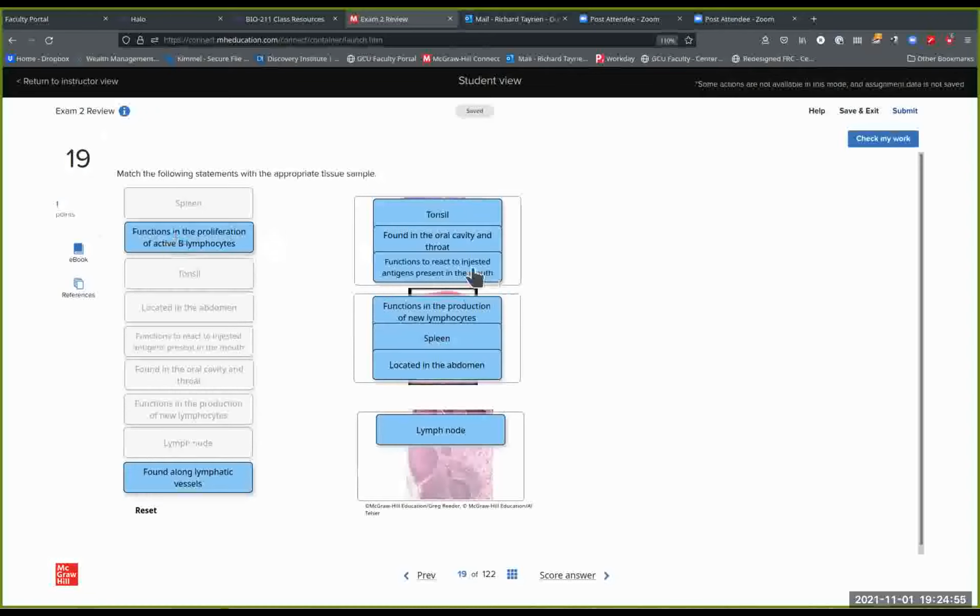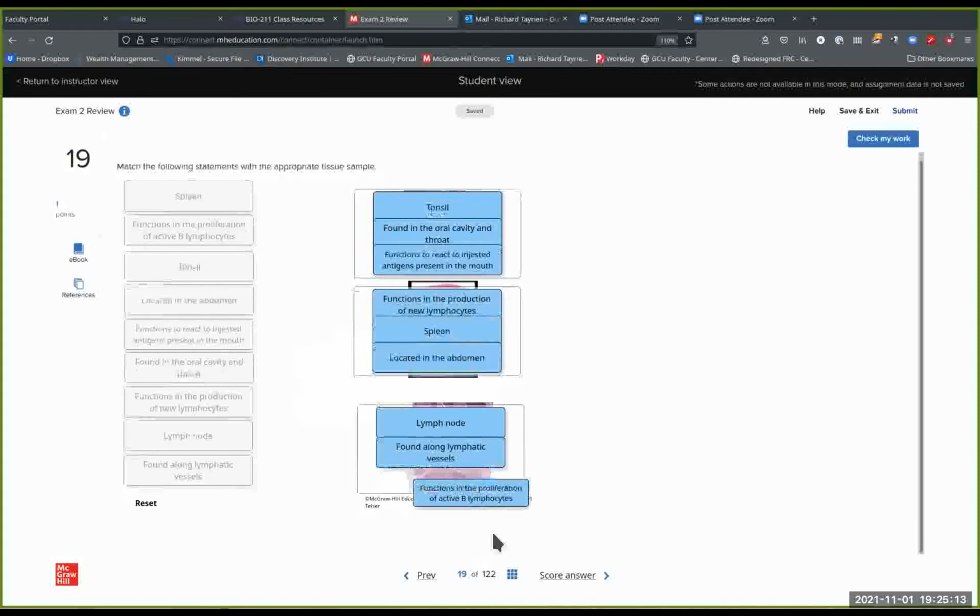Let's see. And found along lymphatic vessels, that's lymph nodes, and function of proliferation of active B lymphocytes. I think that's that. I may have these backwards here at the spleen, but let's see.